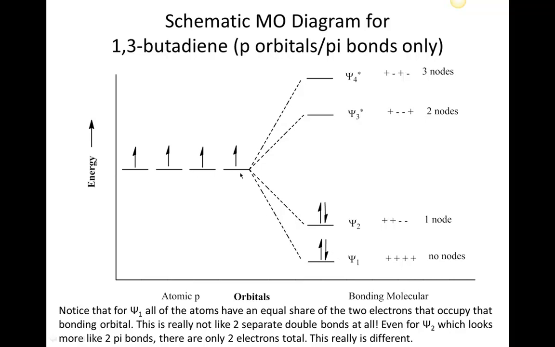So we have these 4 electrons at the atomic level, and we're going to distribute those. 2 will fill in the lowest energy orbital first, and then we'll have 2 in the next orbital, and then we're done. We don't have any more electrons to distribute, so these guys up here are empty.